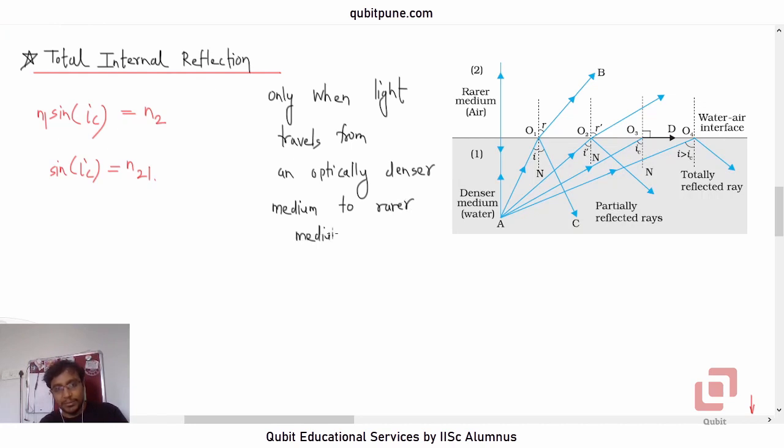Two points. First point is that being optically denser does not necessarily mean that it should be heavier, like its mass density is greater.